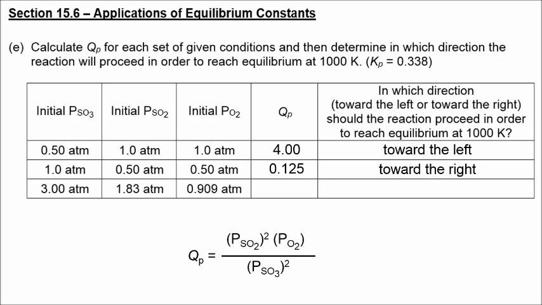We would shift toward the products, toward the right. Now we're doing 1.83 squared times 0.909 divided by 3 squared. And we are already at equilibrium because Q is equal to K.